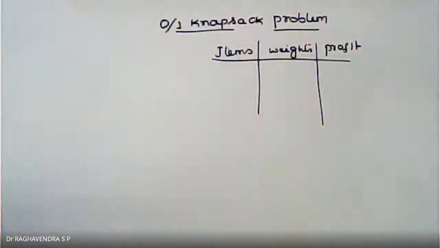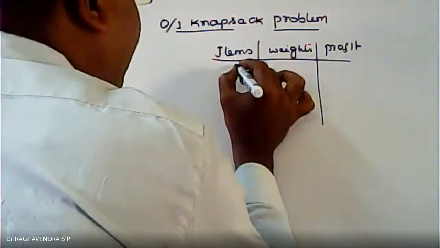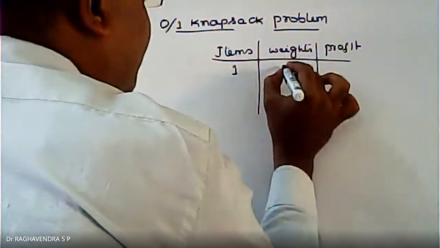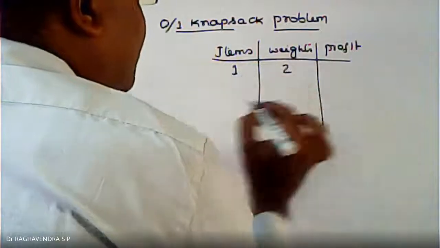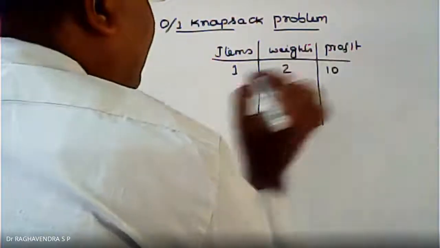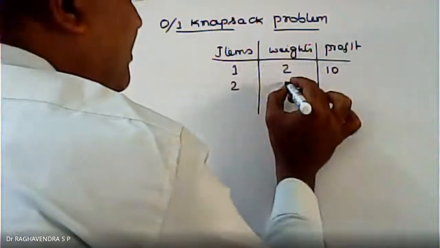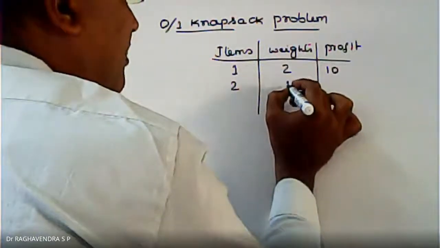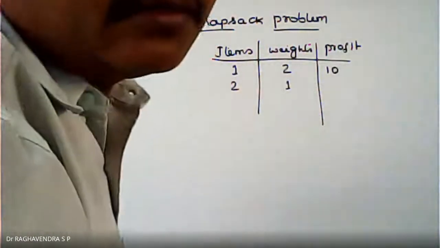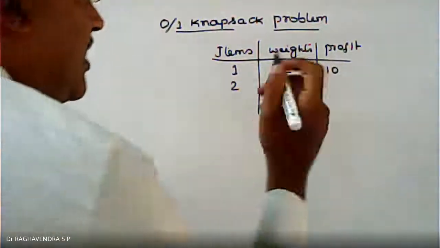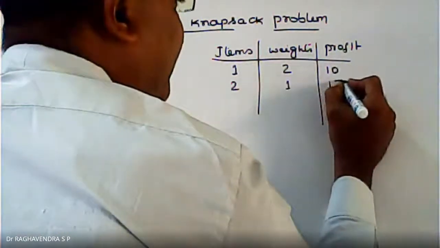For example, if I take item 1, the weight may be 2 and the profit may be 10. Then there may be a second item, the weight may be 1 and the profit may be 15.